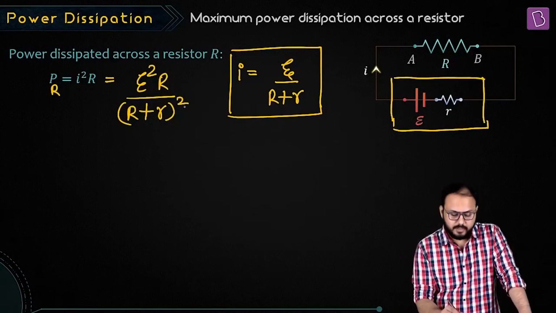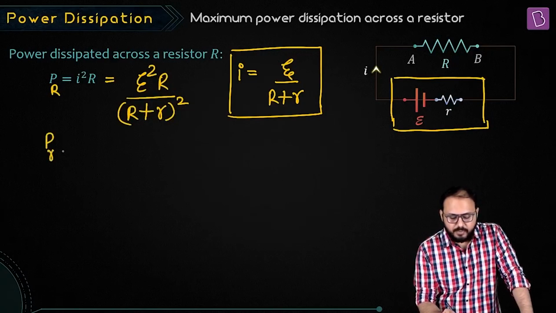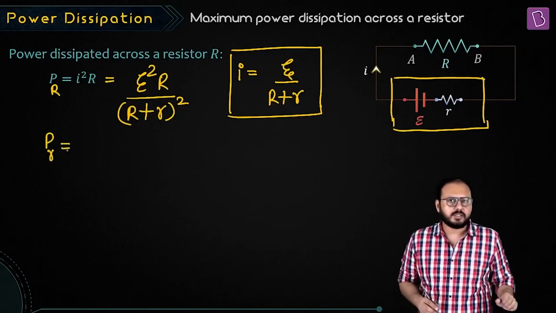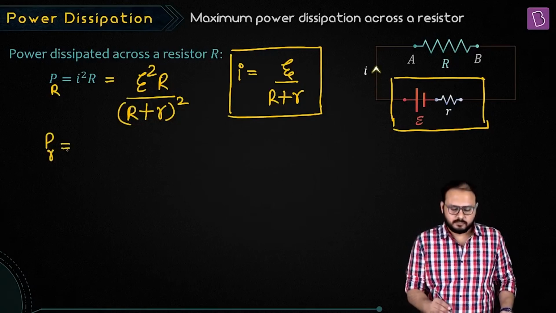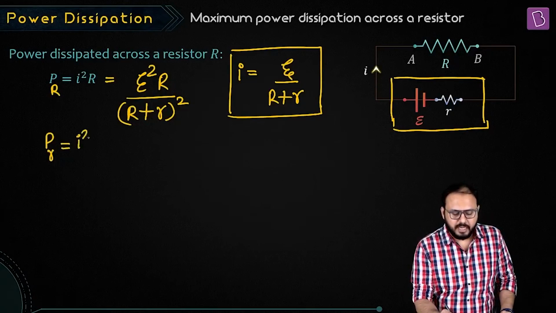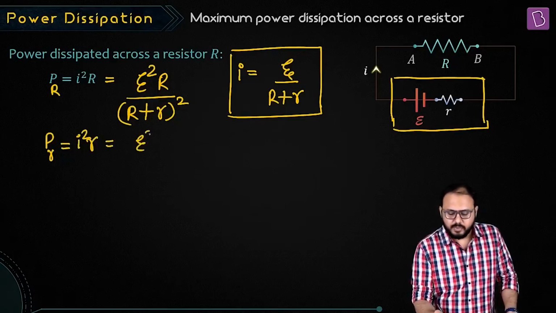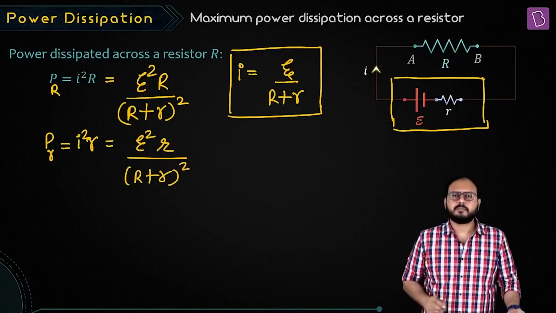If I ask you, how much is the power wasted by just the internal resistance? I square small r. So E square small r upon R plus r whole square.